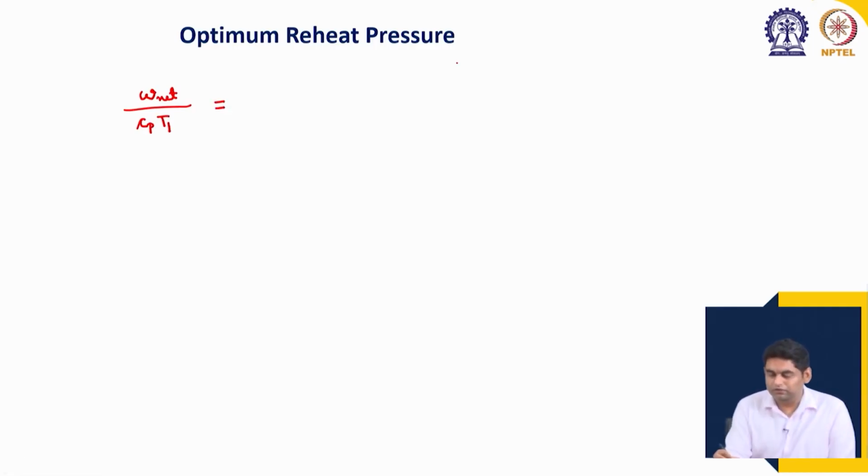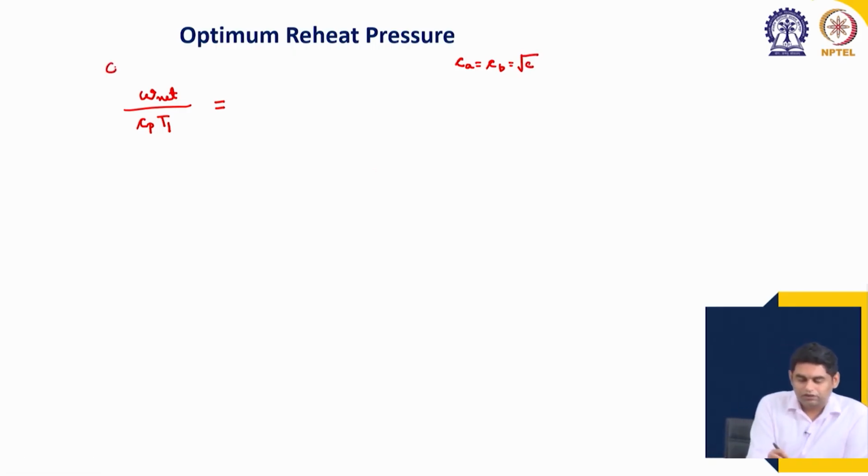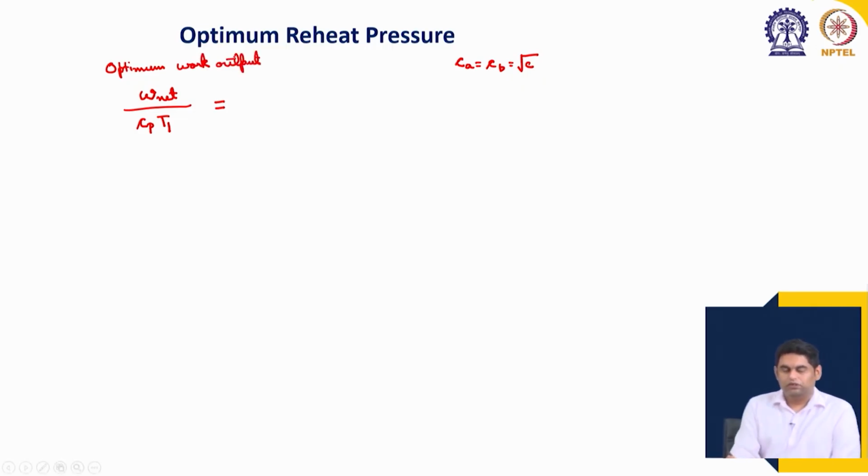So, remember that now C A is equal to C B equal to root C, okay, for this optimum condition. So, optimum work output is equal to 2 T minus 2 T by root C minus C plus 1.